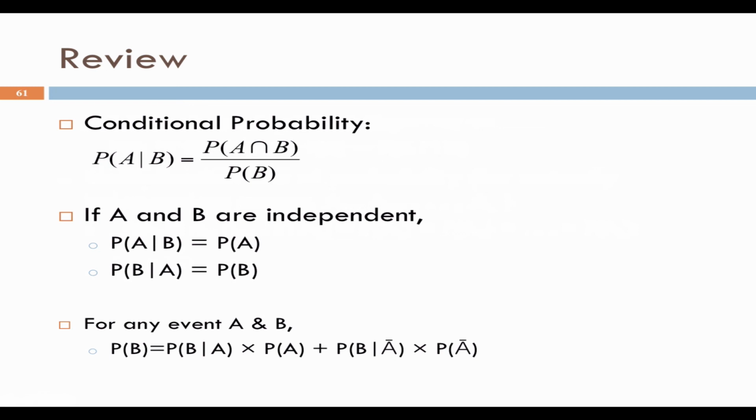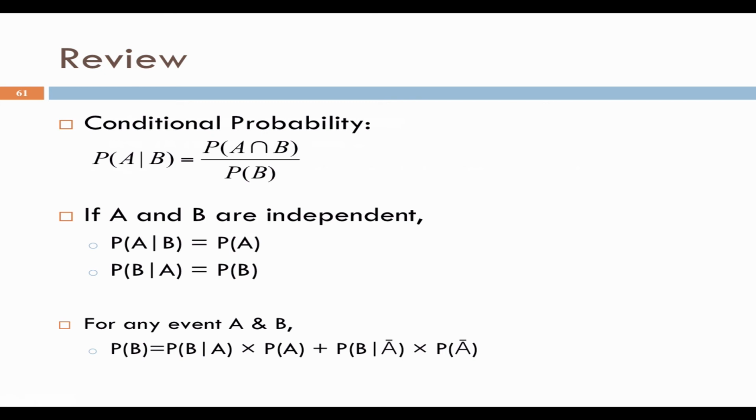And then we talked about conditional probability, which is really used to estimate the intersection of two events, whether or not they are independent. From the concept of conditional probability, we emphasized that if A and B are independent, their conditional probability is equal to their marginal probability.